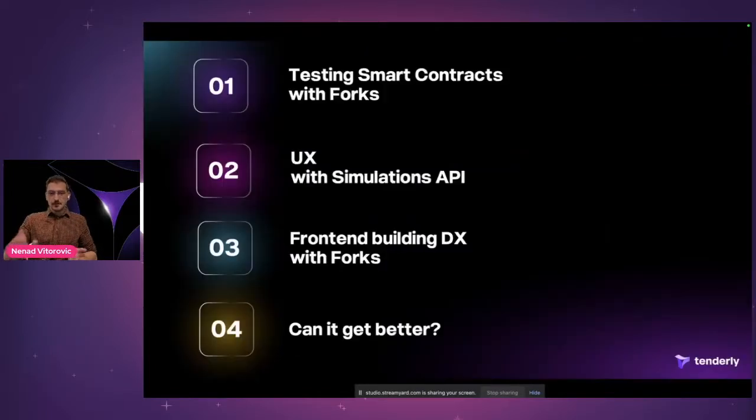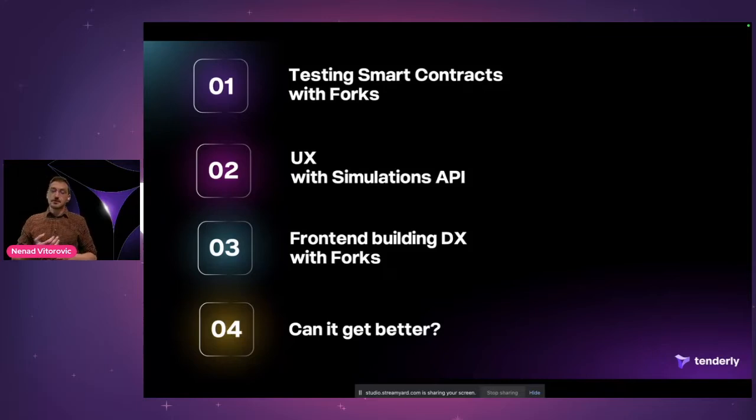And first of all, I'll briefly talk about what I'm going to show today. So the first chapter is talking about how to test smart contracts using Tenderly forks. This is something that can improve your development journey, so you can write better Hardhat tests supported by tools in a really nice way.